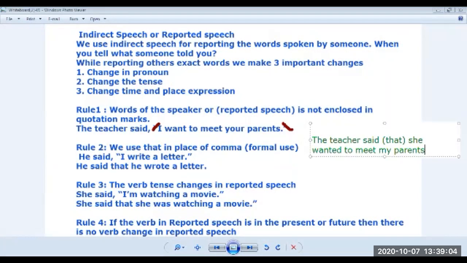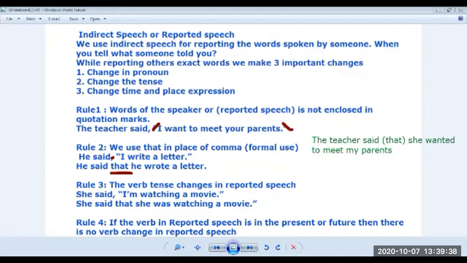Now let's move on to rule number 2. We use that in place of the comma, formal use. Now, he said, I write a letter. This is direct speech. What changes are you going to make over here? Said, the comma is gone. What will you put? You put that.